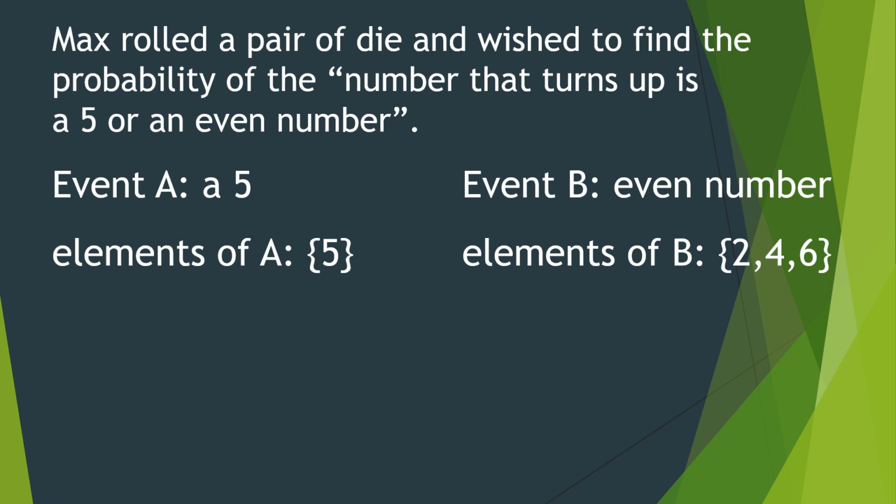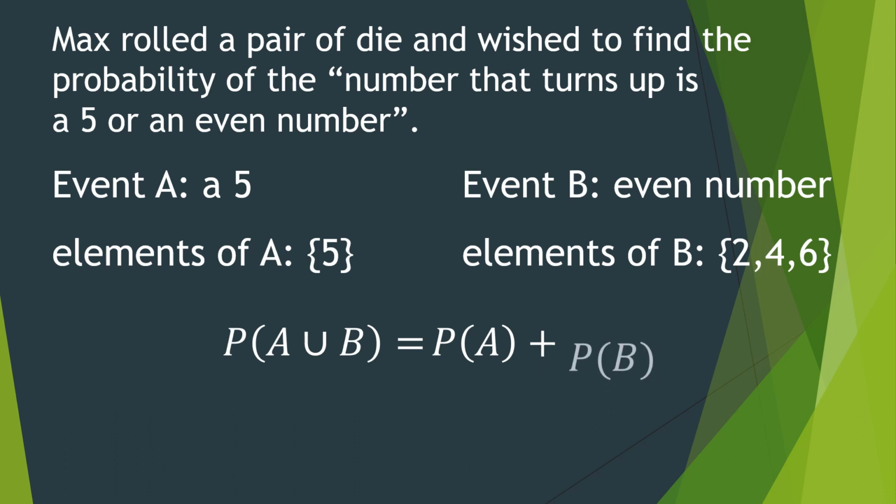Can you see an element that is present in A and also present in B? Very good, there's none. With that, we can simply say that the probability of A union B is equal to the probability of A plus the probability of B.